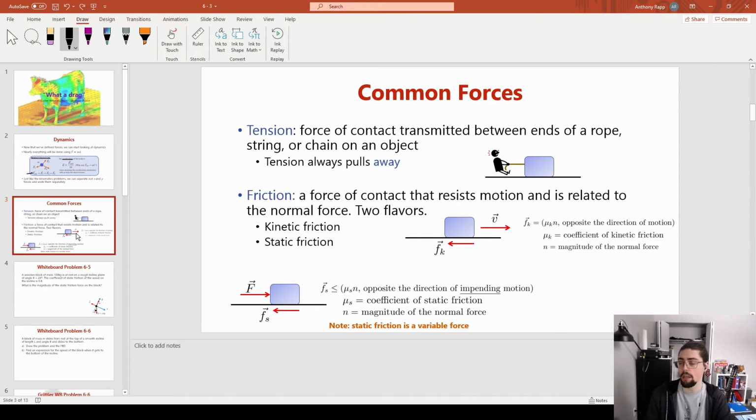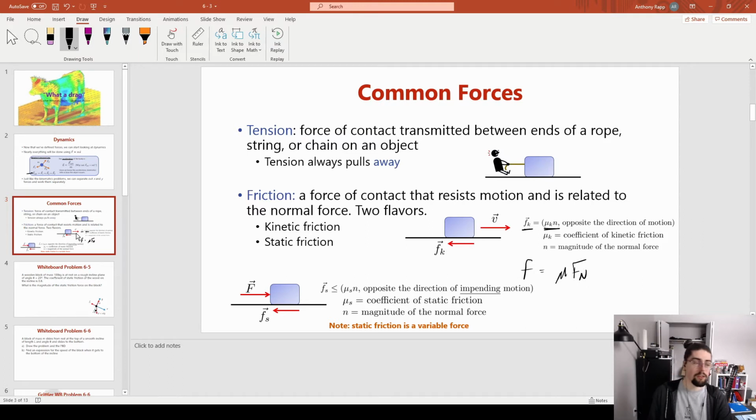Something is already moving and there's a friction acting on that thing. It's a little bit simpler because that equation says the kinetic friction is equal to the coefficient of kinetic friction times the normal force of that object. So that one's nice and easy because it's an equal sign. It's always going to be true. It just makes the entire thing a little bit easier.